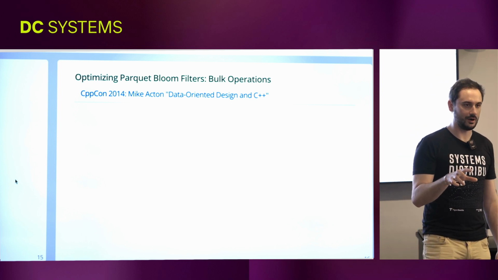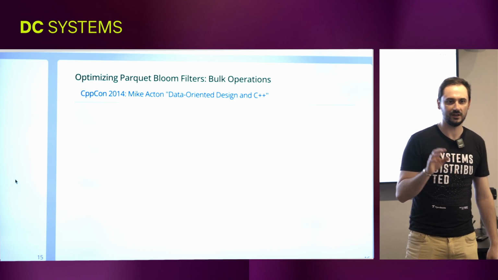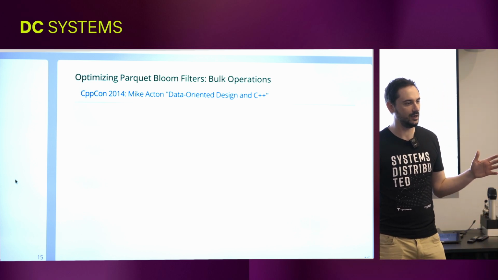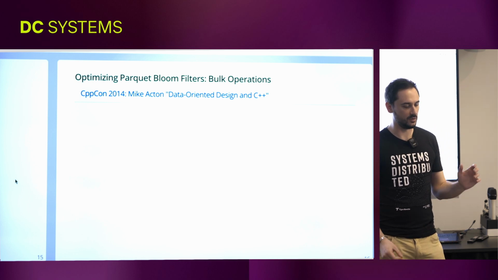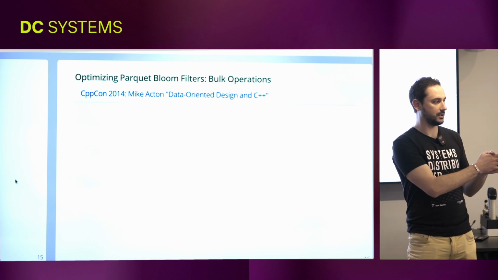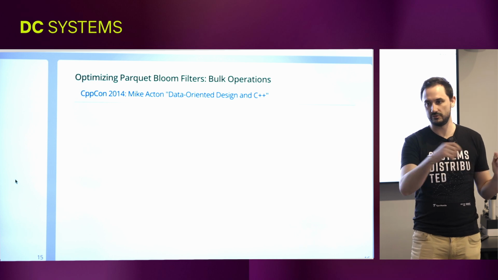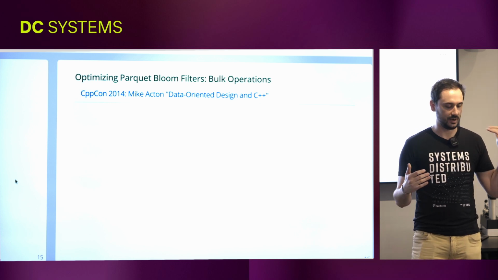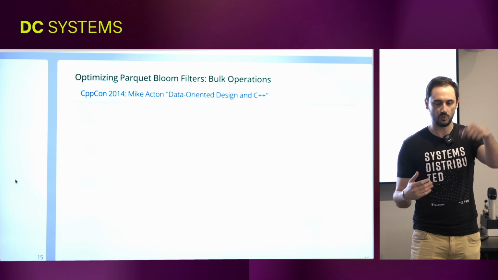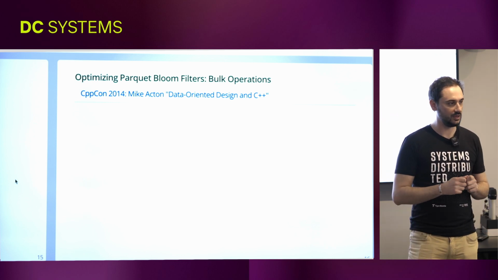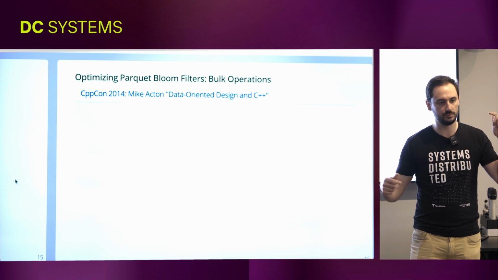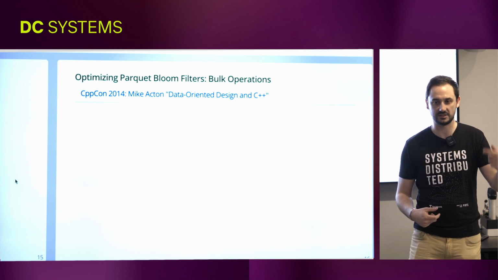The TLDR, and the way I would summarize it, is that if you're working on arrays of data, you can amortize the cost of crossing abstraction layers versus if you're working on individual items, right? Think of a method that takes one value as input and returns one value as output. If you want to call it n times, you pay the cost of calling that method n times.